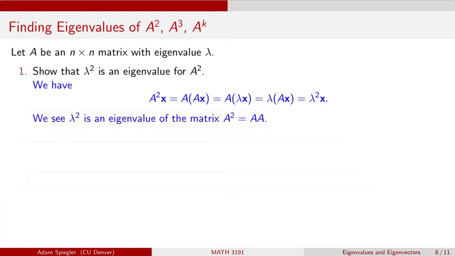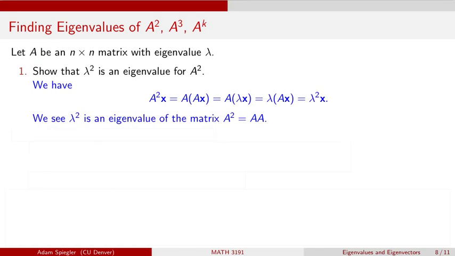Since lambda is an eigenvalue, there exists some non-trivial vector x so that A squared x acts like lambda squared times x. So this tells us that lambda squared is an eigenvalue for A squared if we know lambda is an eigenvalue of A.